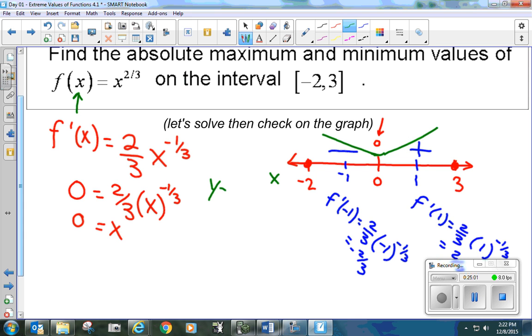Y is the same thing as f of x. So if I want to know what y is when x is 0, I plug in a 0 there. That would be 0 to the 2/3, which is 0. So when x is 0, y is 0.